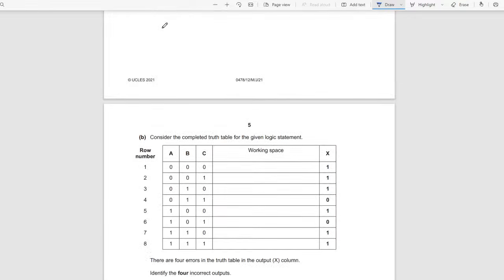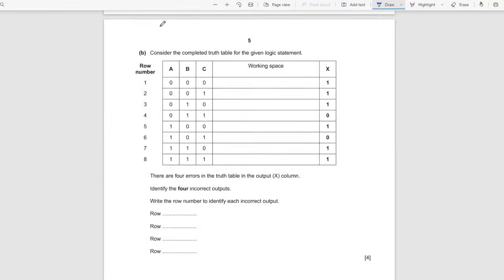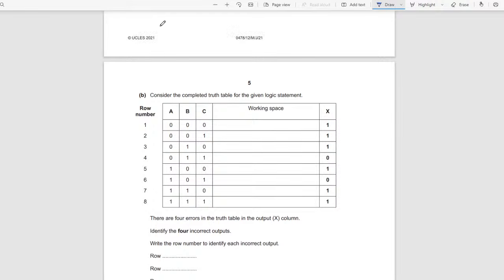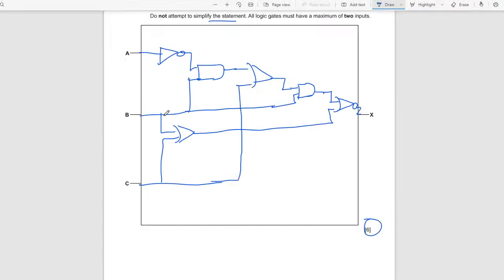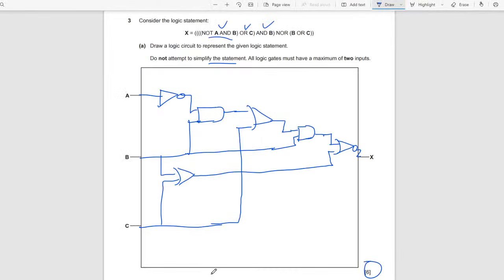Okay, now it's telling us to look at the working space, and we have to identify whether it's right or wrong. I'm not sure if I've done the same question on my channel, because I've uploaded a video just on logic gates, so you can have a look at that if you're interested. But how I do these types of questions, I label each logic gate.